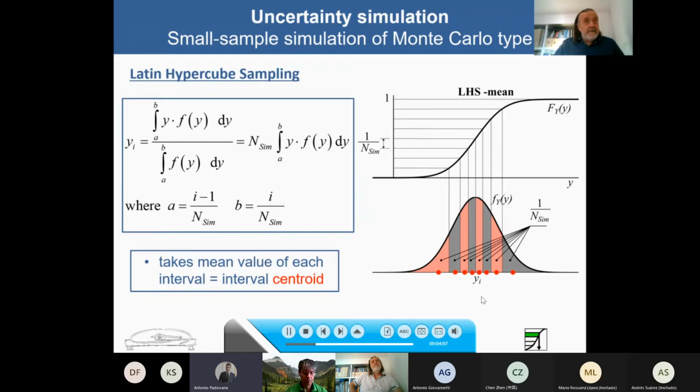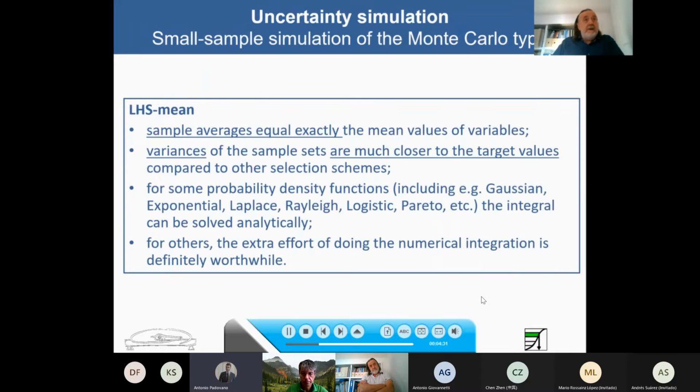A very efficient technique is just taking mean values of each interval, so the interval centroid, which is represented by these formulas. In this case, the mean values are simulated more precisely. Sample averages equal exactly the mean values of variables. Variances of the sample sets are much closer to the target values compared to the other selections.